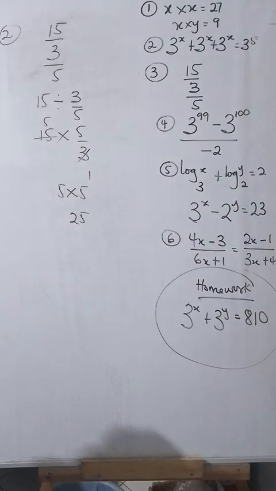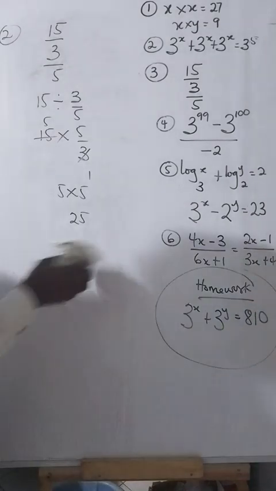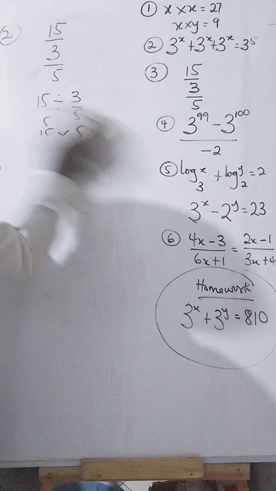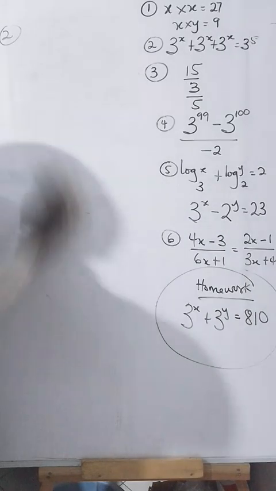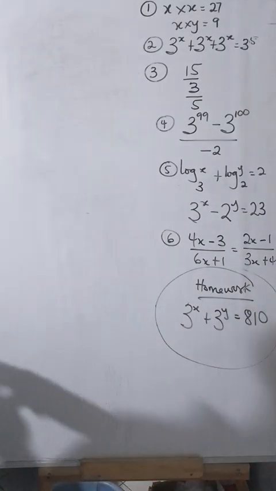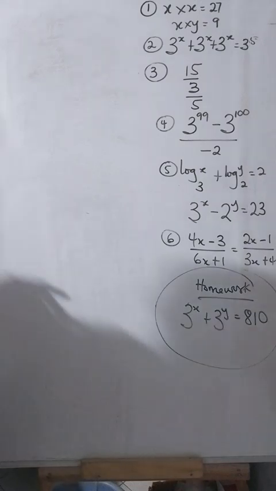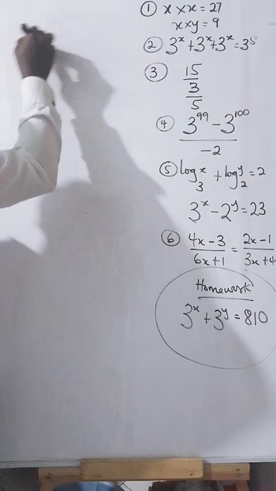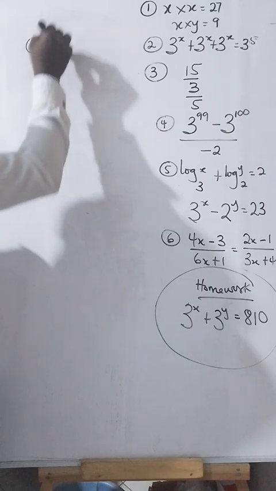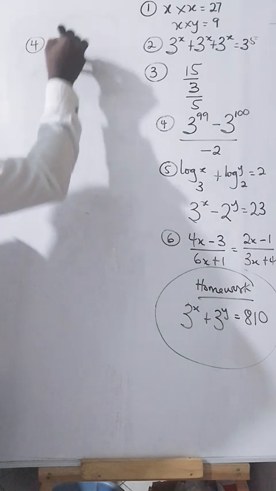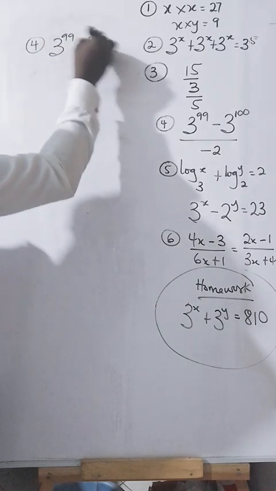Then question 4. It is also very simple. Question 4, we have 3 exponent 99 minus 3 exponent 100, all divided by negative 2. Right, so here we have to work with factorization.